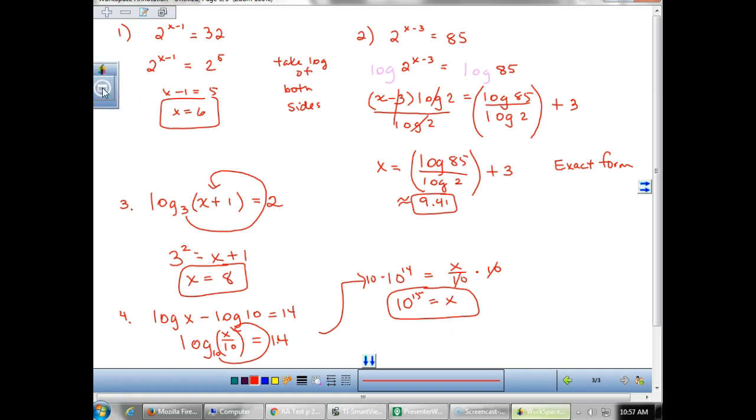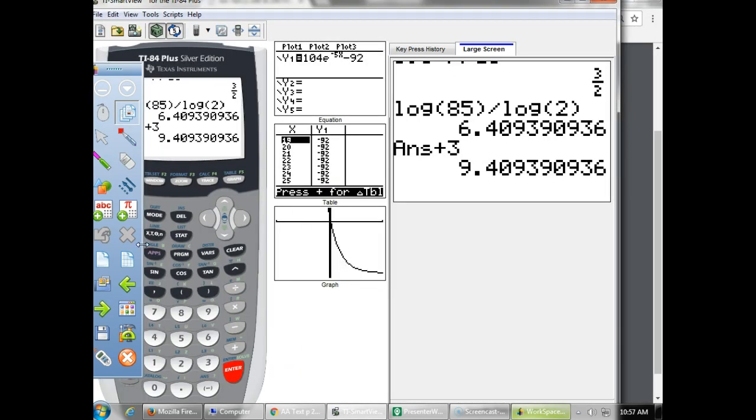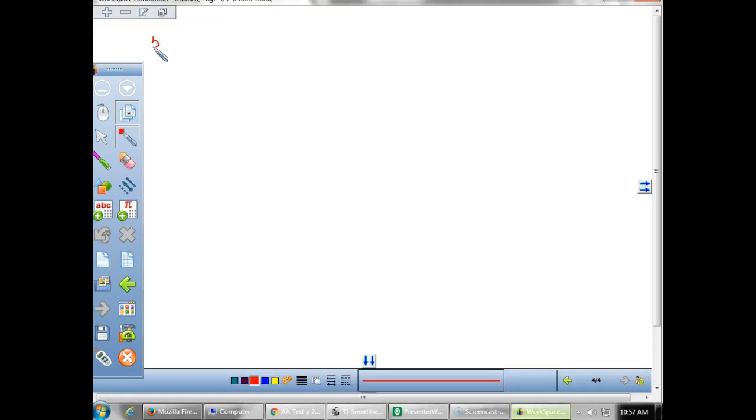Okay, so we have a few more to do. Do y'all have that down? Okay, so the next one, I believe, is number 5. Okay, so I have log of x squared plus log of 25 is equal to 2.